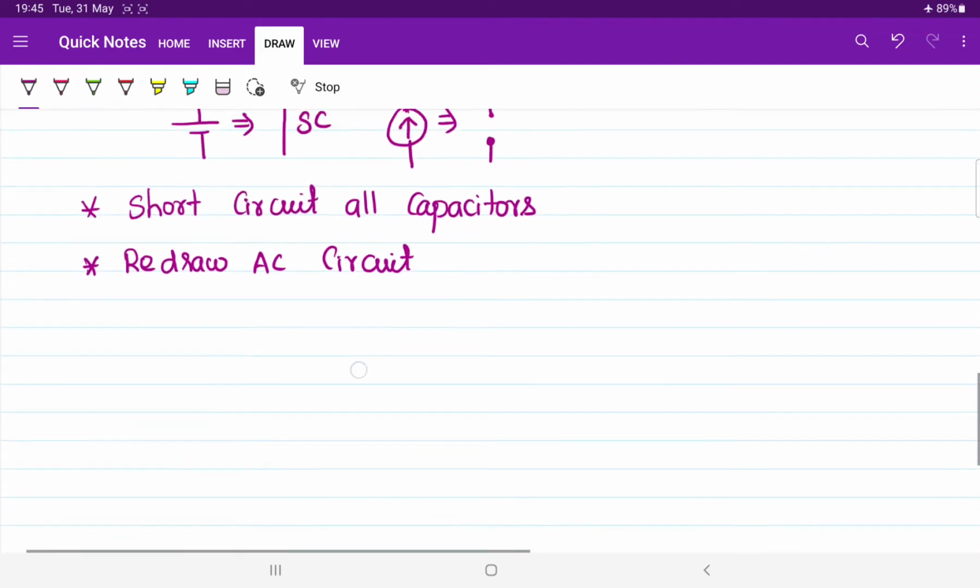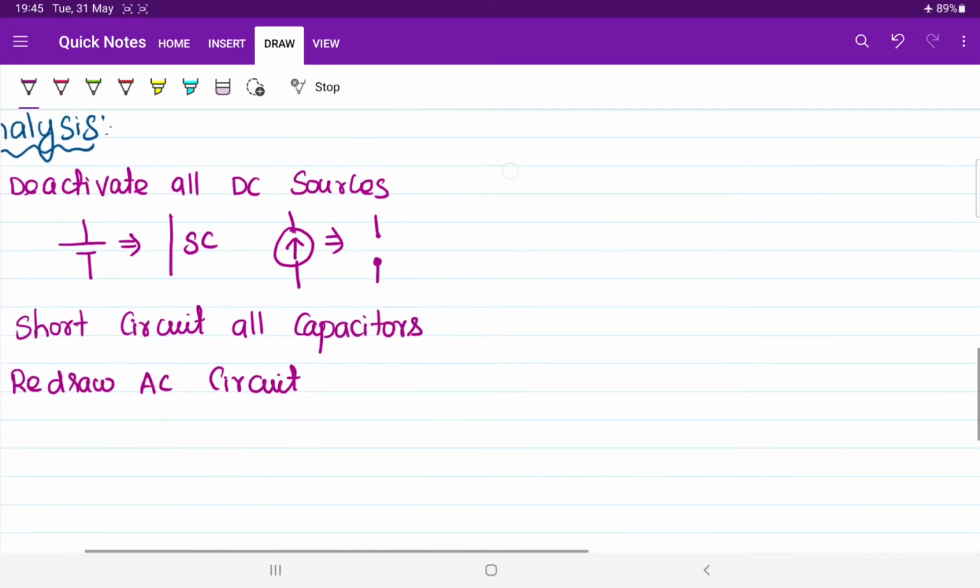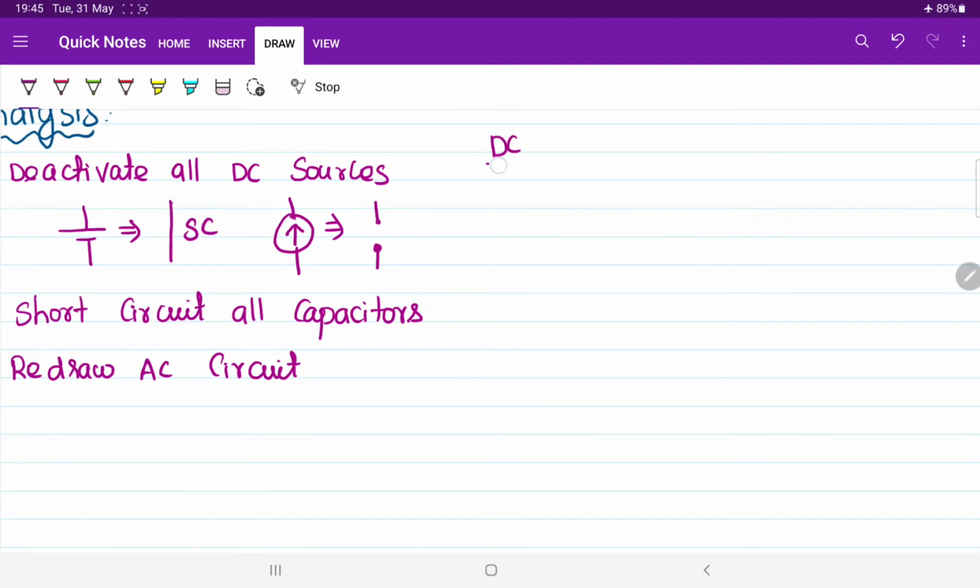In DC analysis, if we have a transistor, NPN or PNP, I am taking NPN, when we travel from base to emitter, we directly replace the transistor by an equivalent battery voltage. Similarly, when going from collector to emitter, we replace it by the collector to emitter voltage. That is the equivalent circuit, and we can proceed further with this.